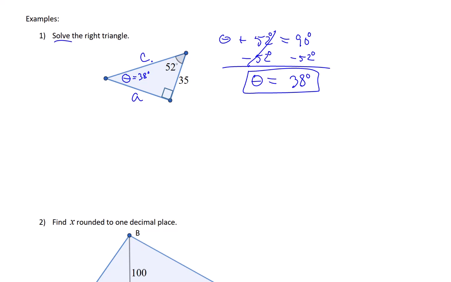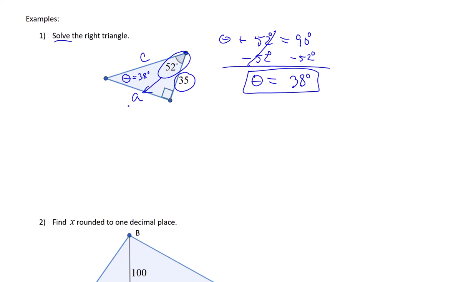For example, if we take the 52 degree angle that was given already in the diagram, then we know the side adjacent to it, which was labeled 35. So if I want to find one of the missing sides, like the side across from the angle 52, or the side length I've labeled A, we can use a trigonometric ratio that involves both the side that we know, which is the 35, and the side we want to know, which is the A.